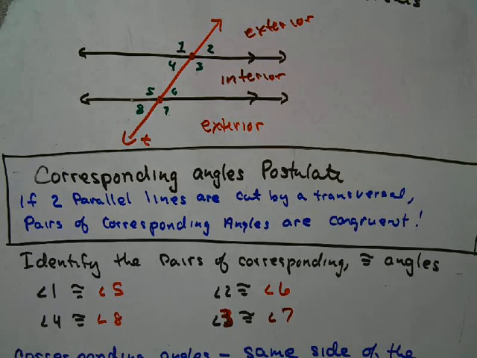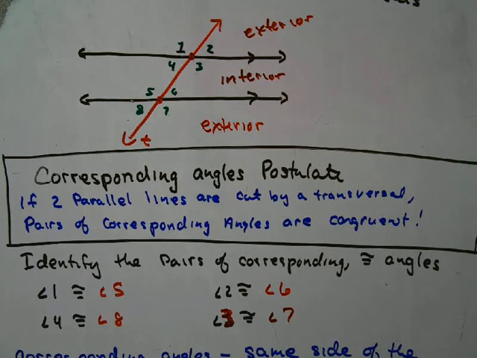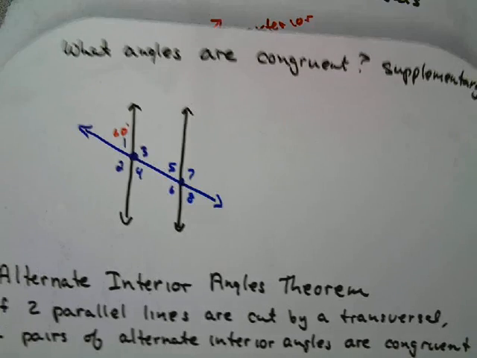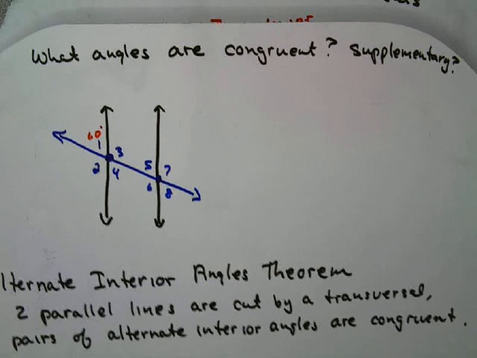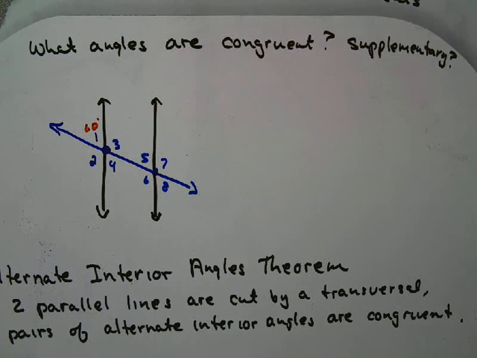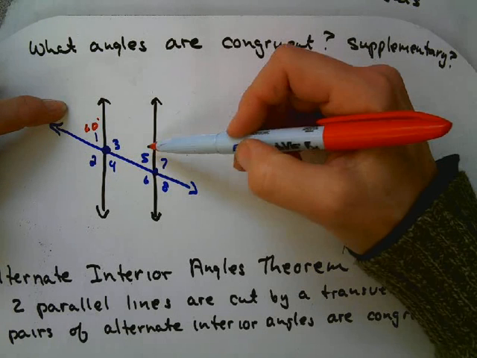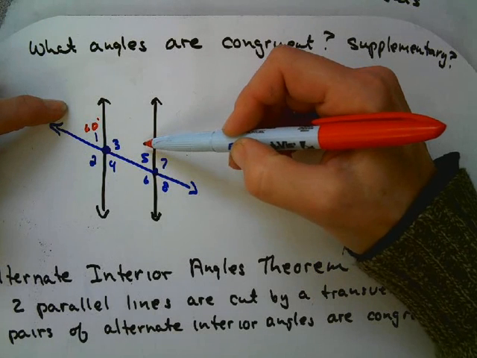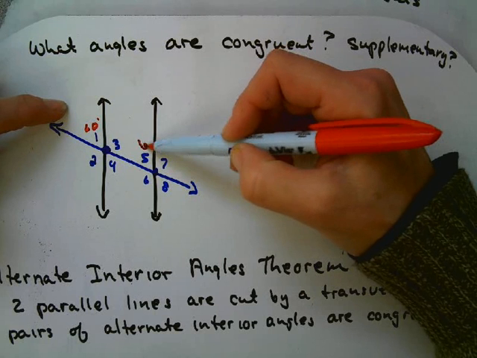Now, there are other congruent angles in this too. If you notice, let's look at a different picture here. Which angles are congruent, which are supplementary? Let's start by looking at angle 1, and let's let it be 60 degrees. If it is, we know that angle 5, because it corresponds to angle 1, is also 60 degrees.